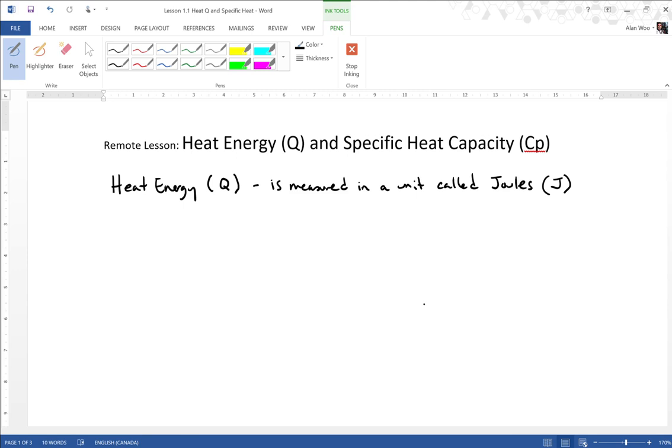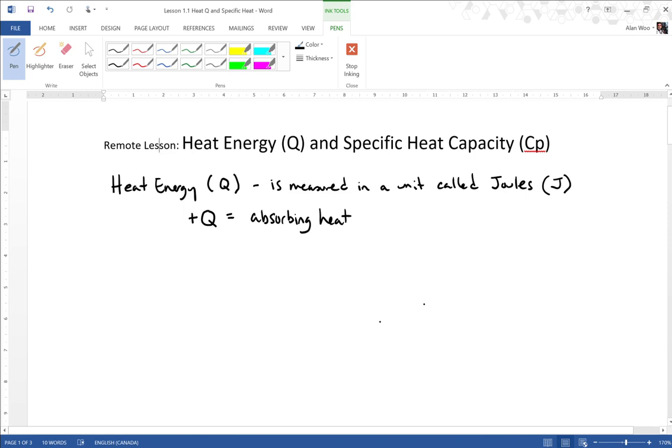Heat energy is a variable. If you have a value of Q that is positive, that means something is absorbing heat. Okay, heat in terms of energy.